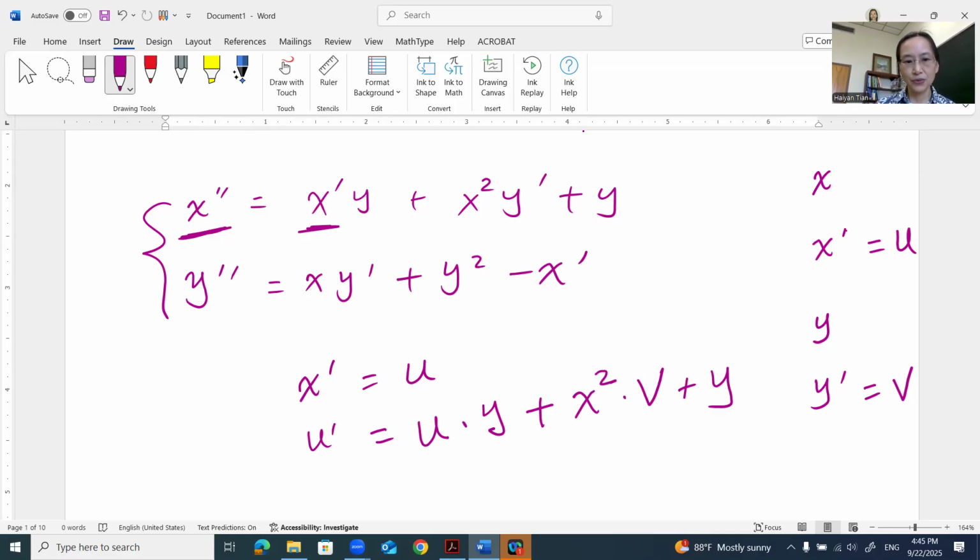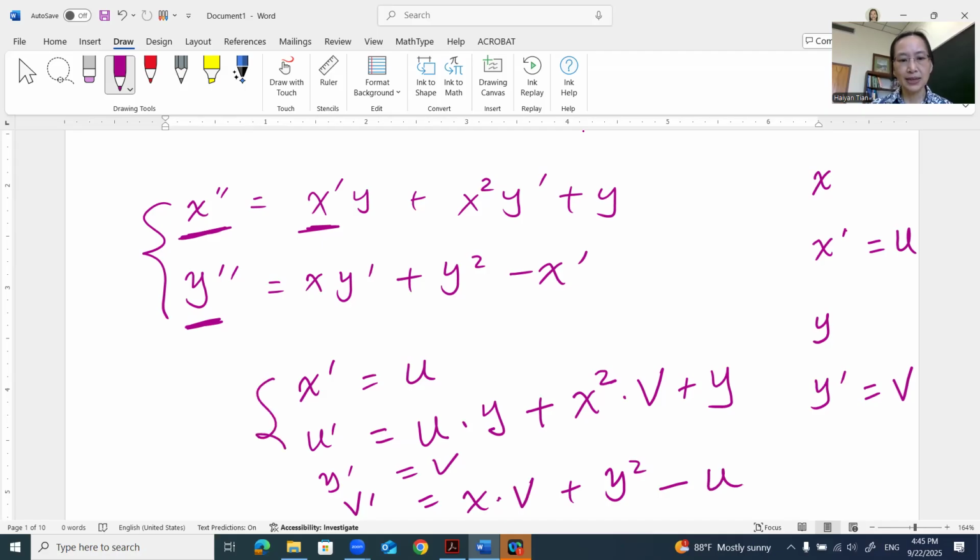So we have x and u. And then the y derivative is v. And then what is the v derivative? The v derivative will be the second derivative of y. So we can have x, y derivative is v, plus y squared minus x derivative is u.